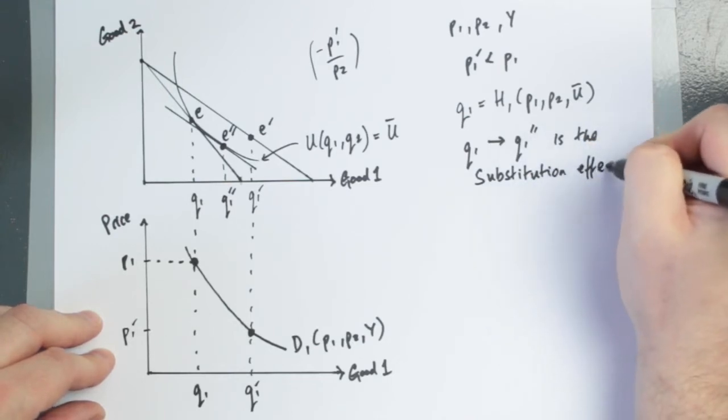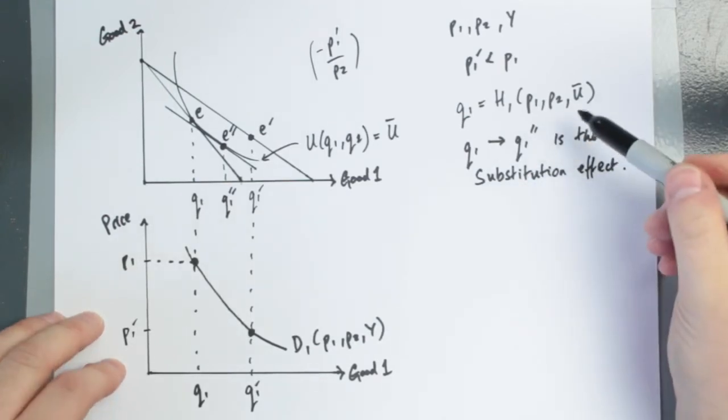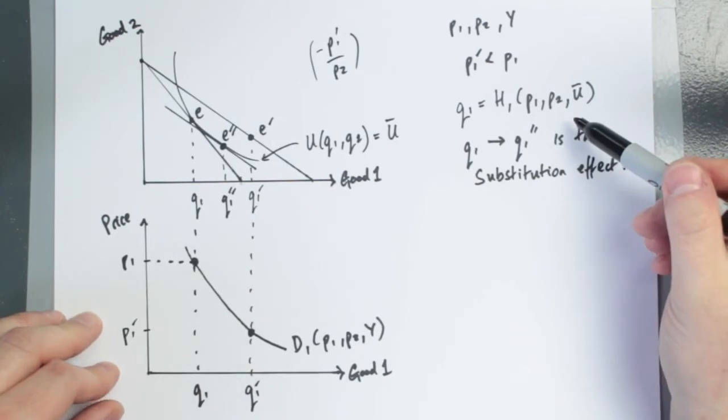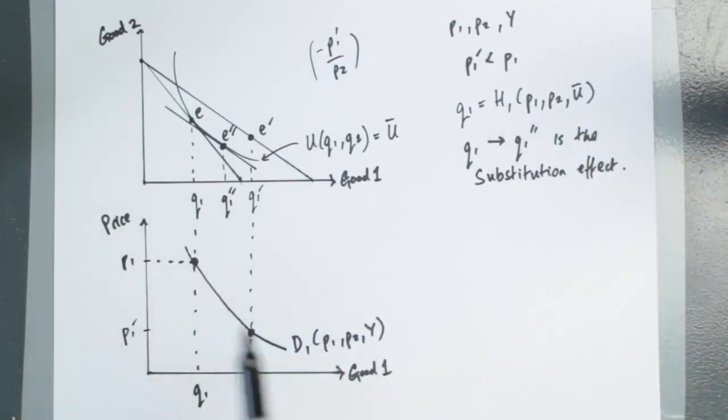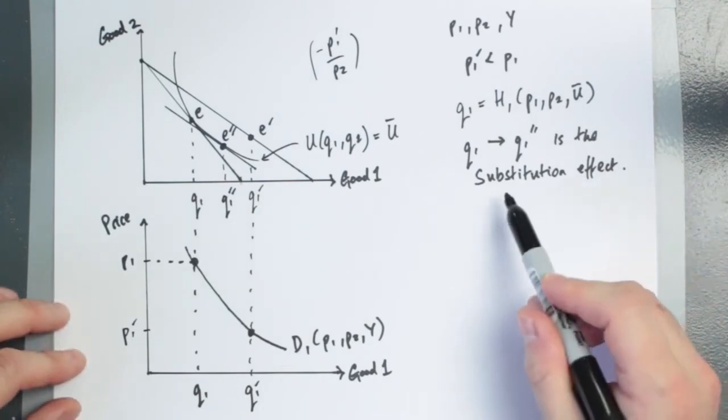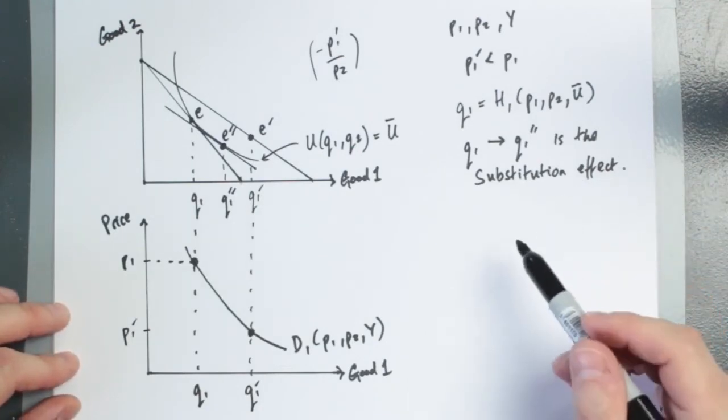And this is precisely what the Hicksian demand function is capturing. Okay, it's a demand function that factors out the income effect, and in which it compensates for the income effect, in a sense, is why we call it compensated demand, and only includes the substitution effect.